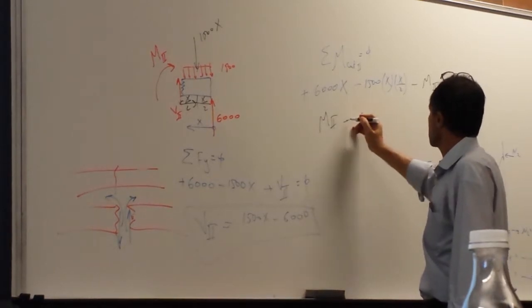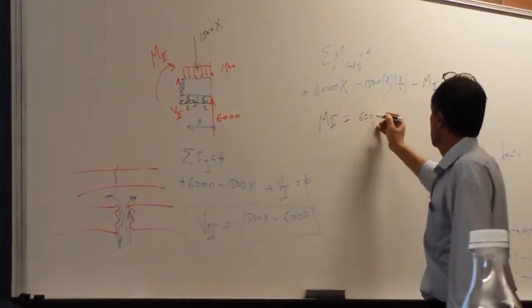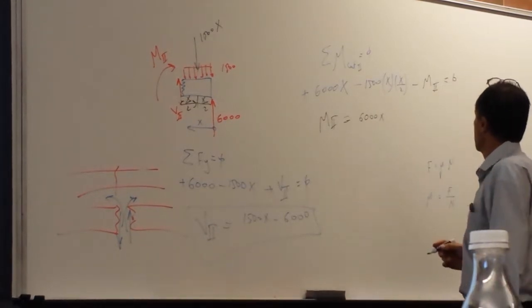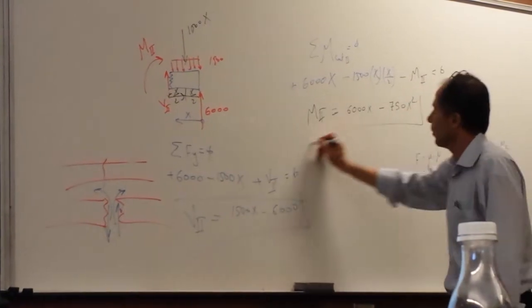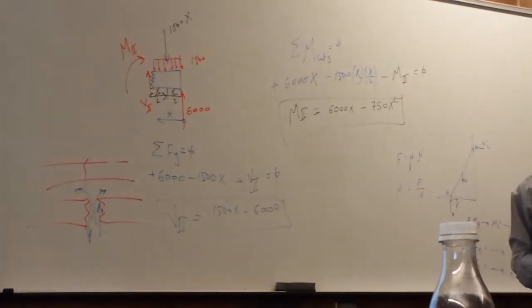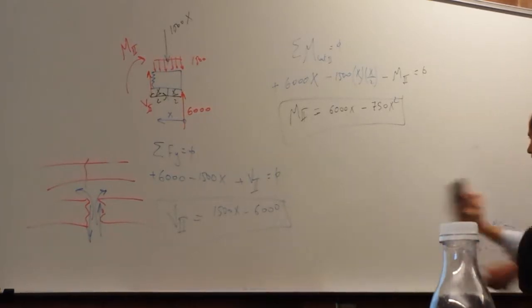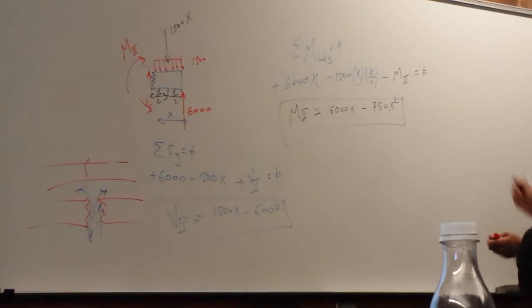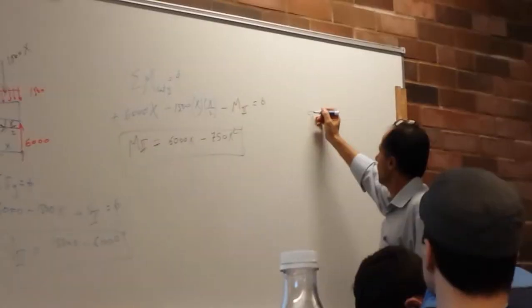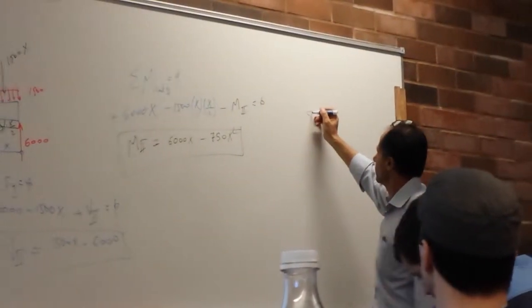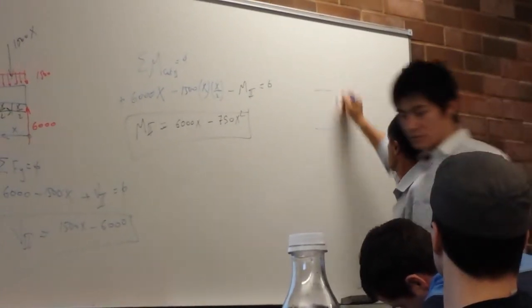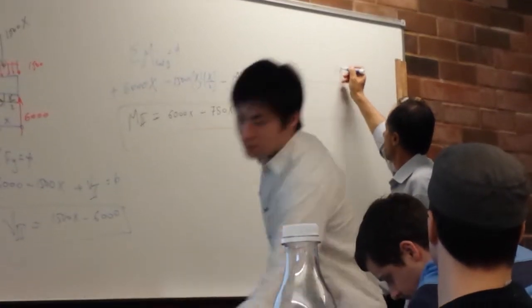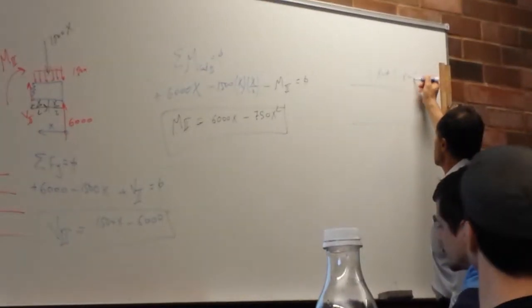Or M2 equals 6,000x minus 750x squared, correct? A little table. X equals 0, x equals 6.